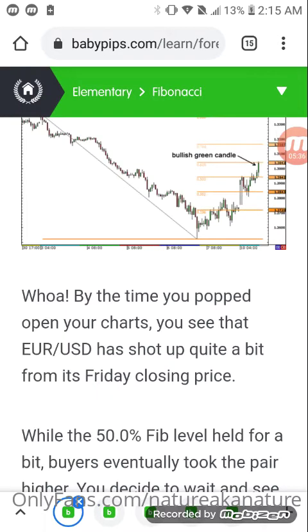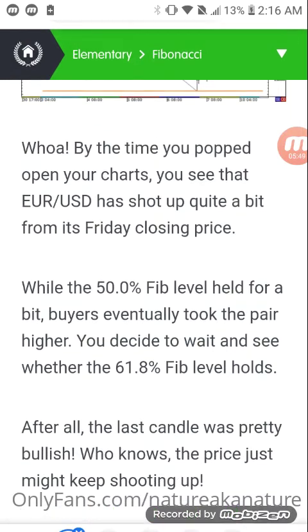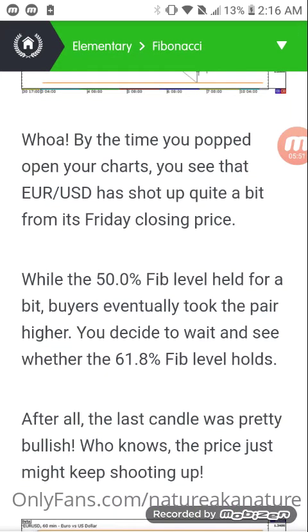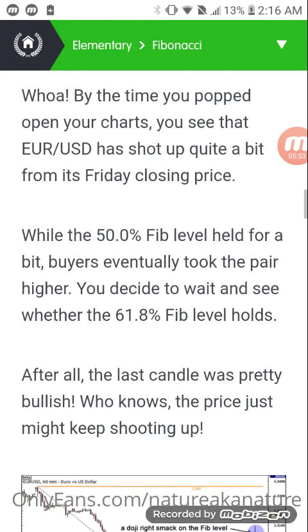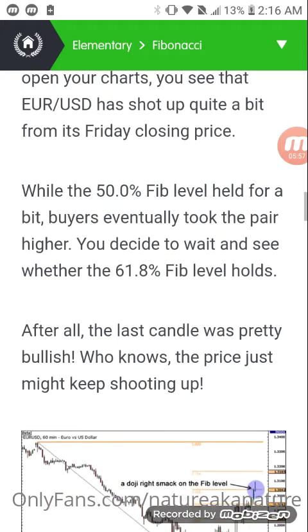After all, the last candle was pretty bullish, so who knows? Price just might keep shooting up.